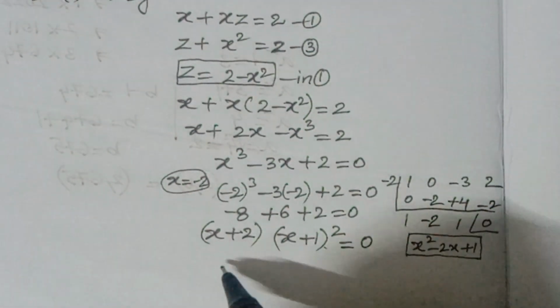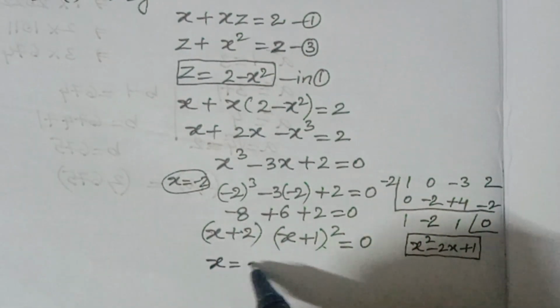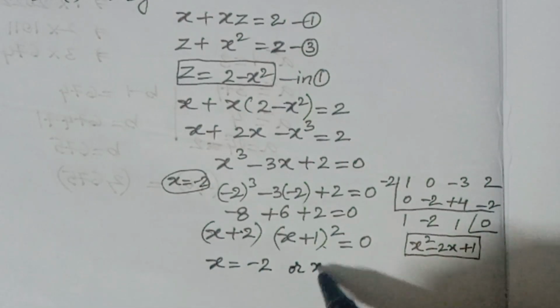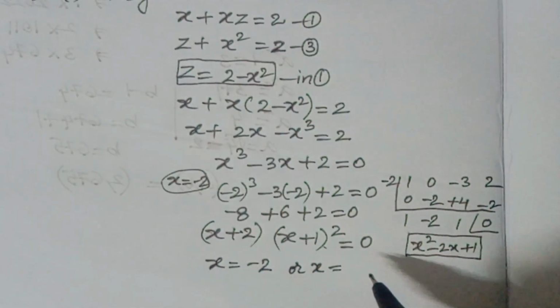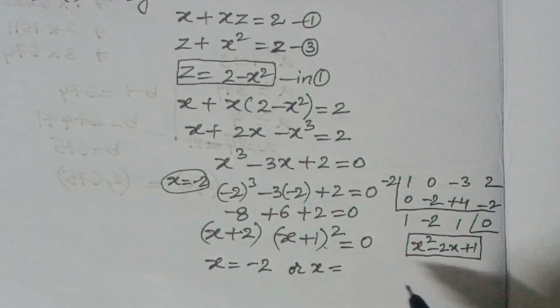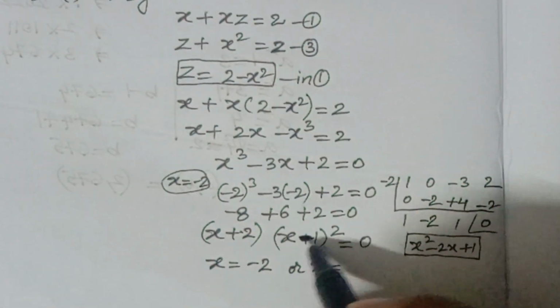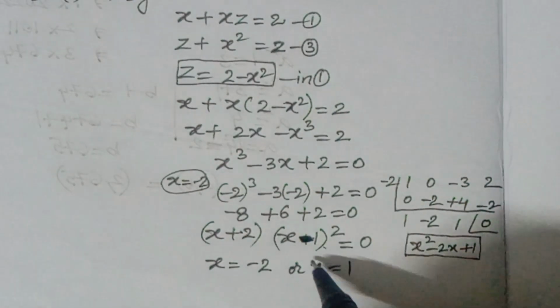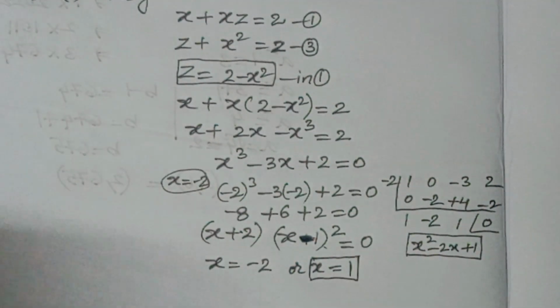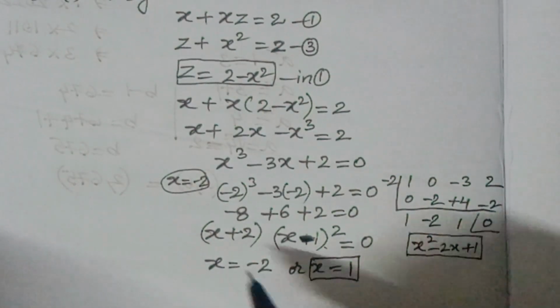So here x is equal to minus 2 or x minus 1 equal to 0, so x is equal to 1. Already we have shown that x, y and z value is 1.